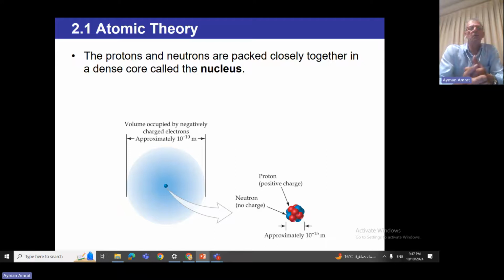So the mass of the atom is mainly the mass of the nucleus, while the volume of the atom is the volume occupied by electrons.